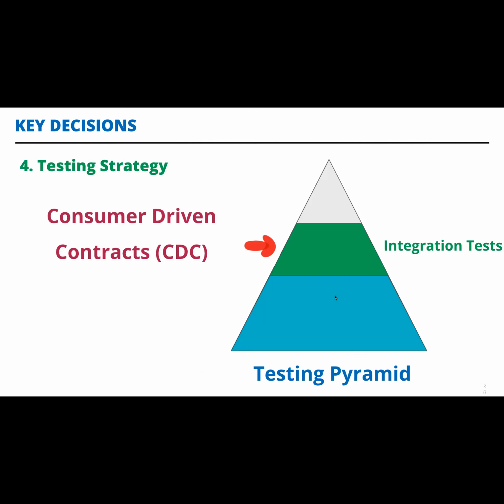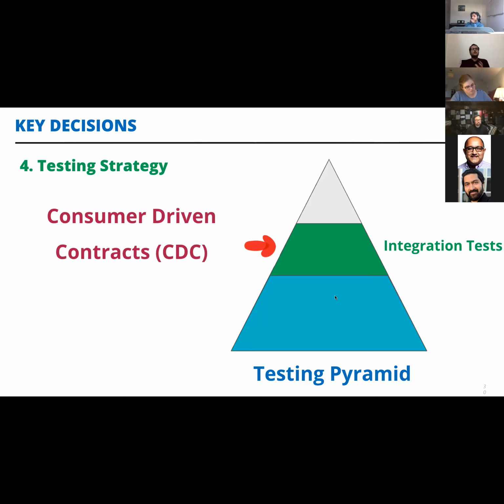A quick highlight on consumer-driven contracts: let's say service A and service B are talking to each other. If service A is exposing a service which service B is using, service B is a consumer. So service B gives a set of tests to service A, which they need to run in the pipeline every single time before they send it to production.